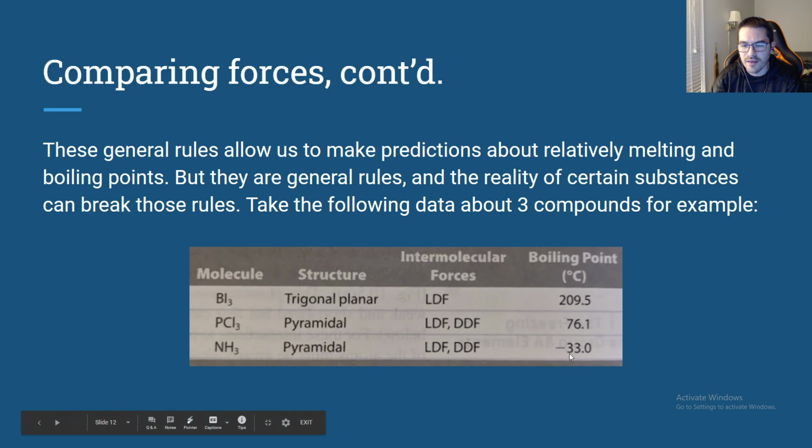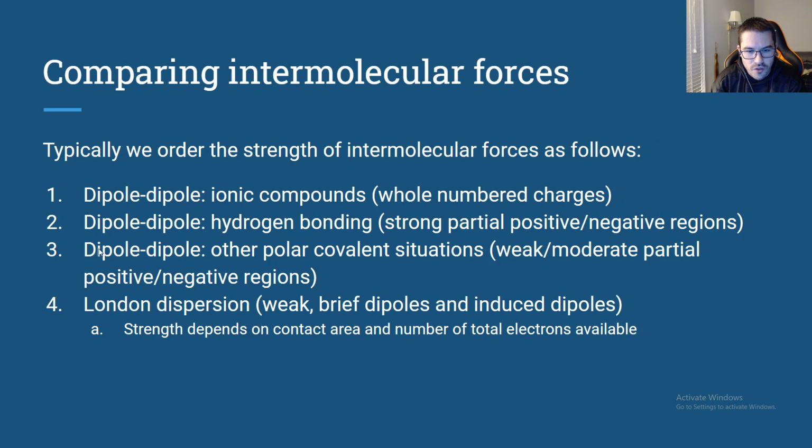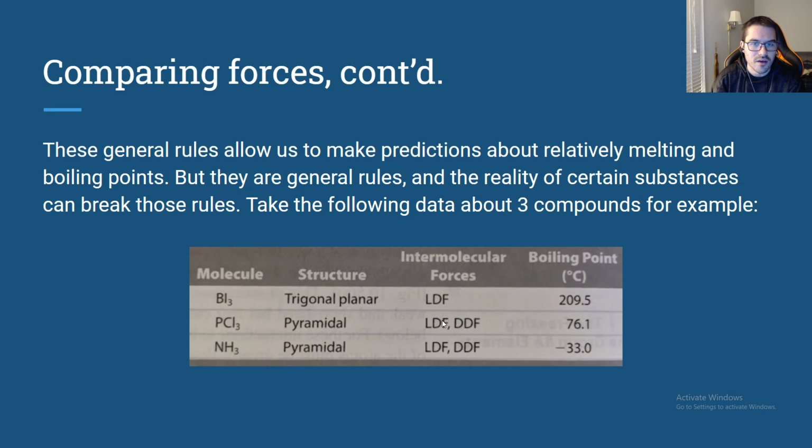It actually has the lowest boiling point of these three. And we would also expect phosphorus and chlorine, this other polar covalent situation, which is a stronger interaction than the London dispersion forces according to this list, we would expect phosphorus trichloride to have a higher boiling point than a non-polar molecule like boron triiodide. But it has a lower boiling point than that does.